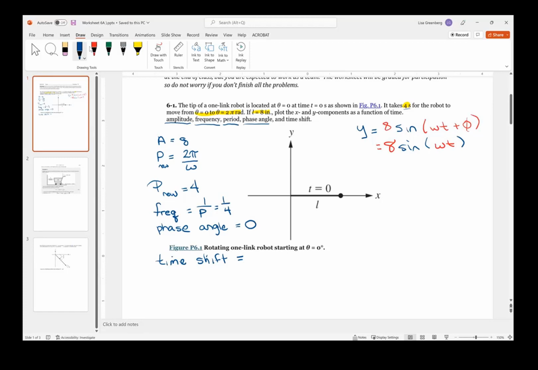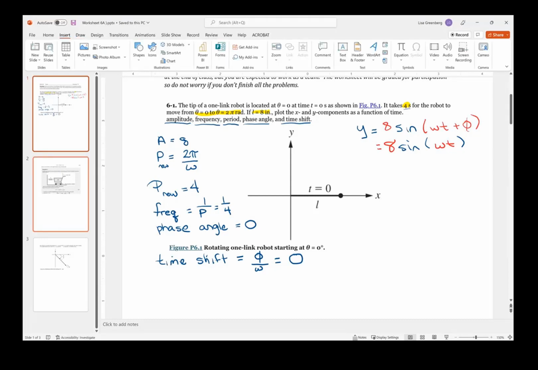Our time shift is always theta over omega, and since theta is 0, our time shift is 0. So we found all of these things.